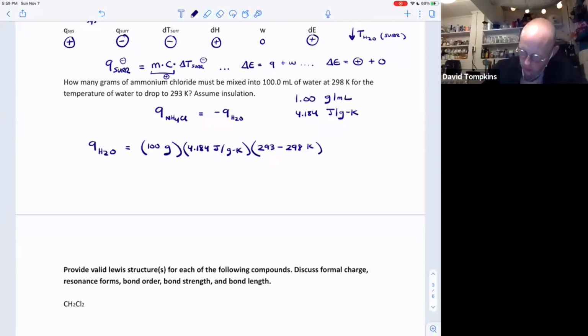So it looks like the water needs to give away 2.092 times 10 to the third joules. And that's the same thing as saying 2.092 kilojoules.